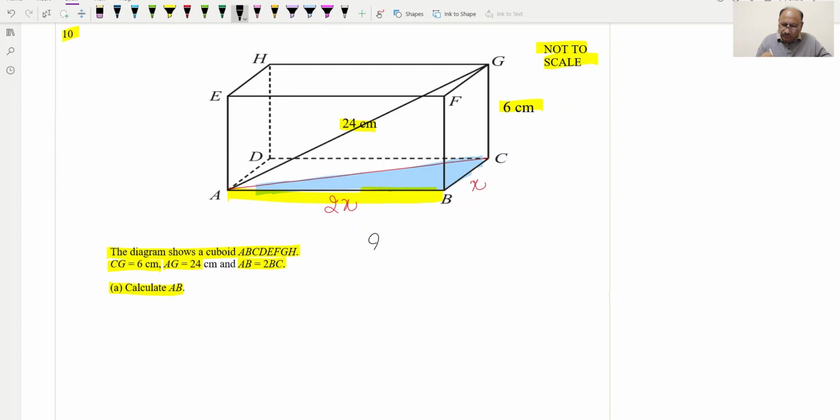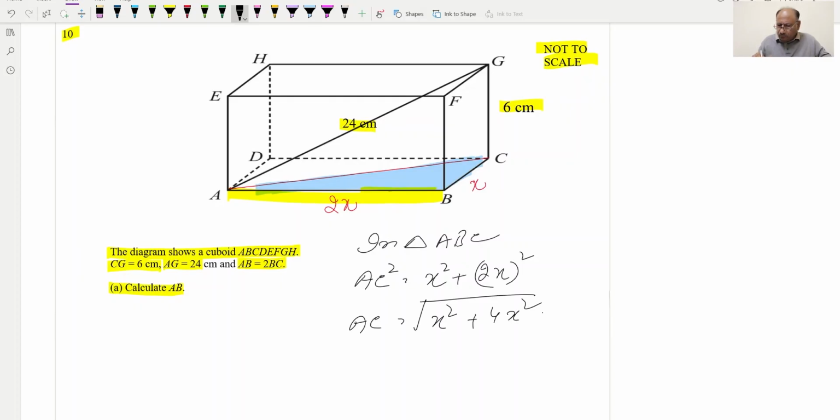So in triangle ABC, AC squared will be equal to x squared plus 2x squared, which is x squared plus 4x squared, so AC will be the square root of 5x squared, and finally we can write root 5 x. Root 5 x will be AC.